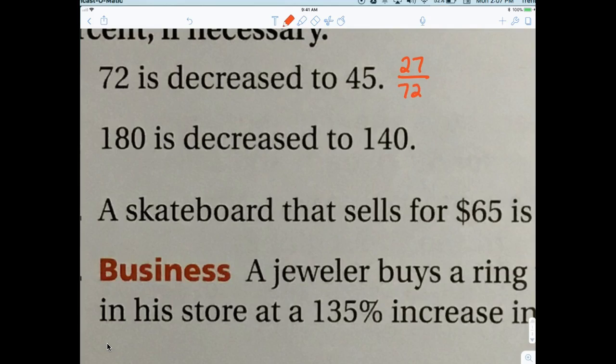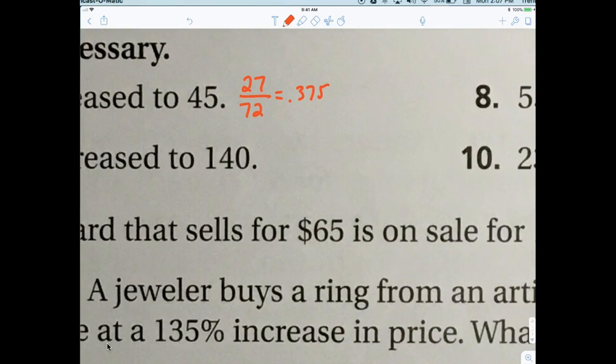Beautiful. That is the fraction, so you have to write the fraction. Now she's going to write the decimal for me. 0.375. And now write the percent for me. You're awesome, girl. 37.5%. That's not that hard.